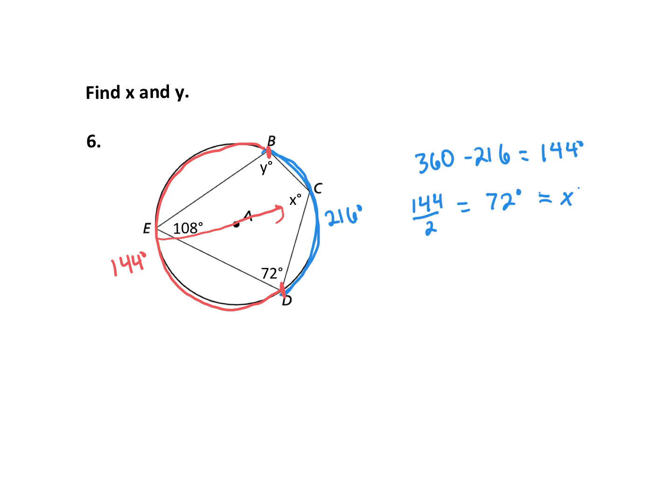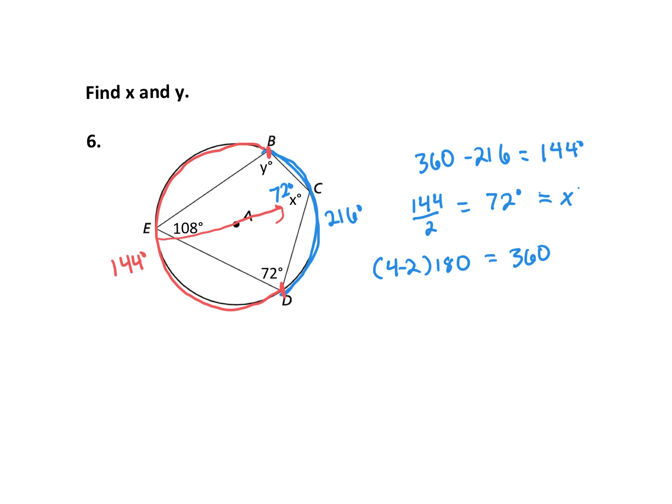If X is 72, we know from our sum of interior angles of polygons that a quadrilateral has to add up to 360 degrees. But if we forget, we can say 4 minus 2 times 180, that gives us 360 degrees for all the interior angles of a quadrilateral.